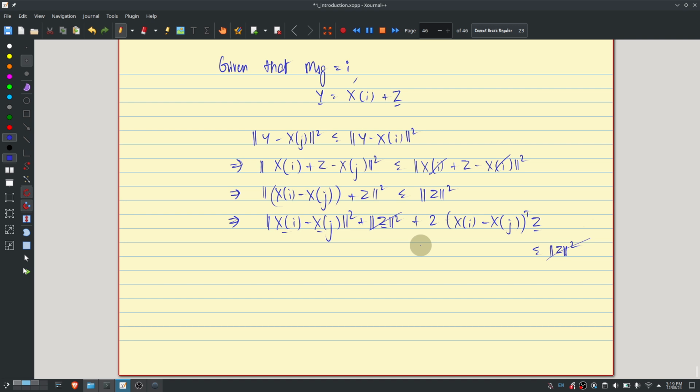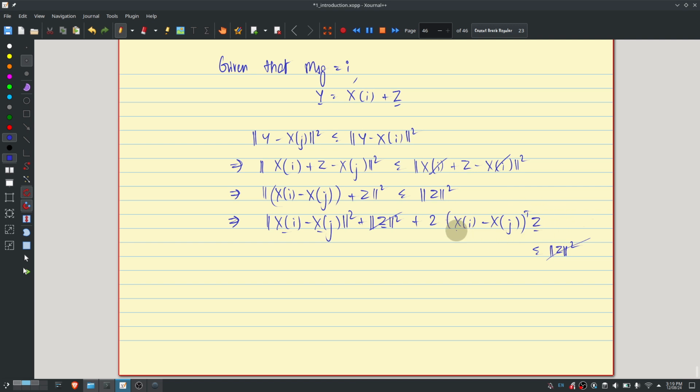So all of this essentially boils down to finding, now this quantity doesn't depend on z, it's a deterministic quantity, it depends only on the pair of code words x of I and x of j. In fact, it only depends on the distance between x of I and x of j, nothing else.